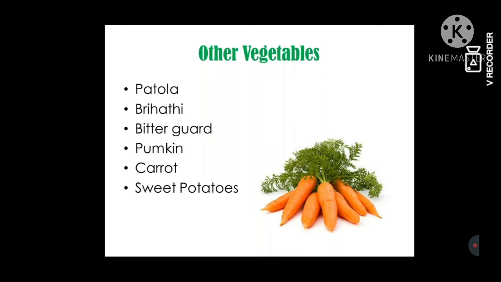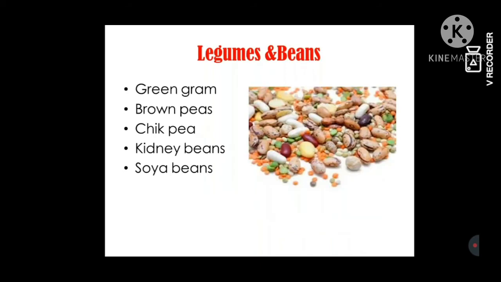After bhajana and divana and anilomana, if we are providing these leafy vegetables and tikta shagas and these other vegetables like patola, brihadi, carrot, pumpkin, sweet potato, they all are containing rich quantity of micro elements and vitamins. These all will do the prasada of dhatus.